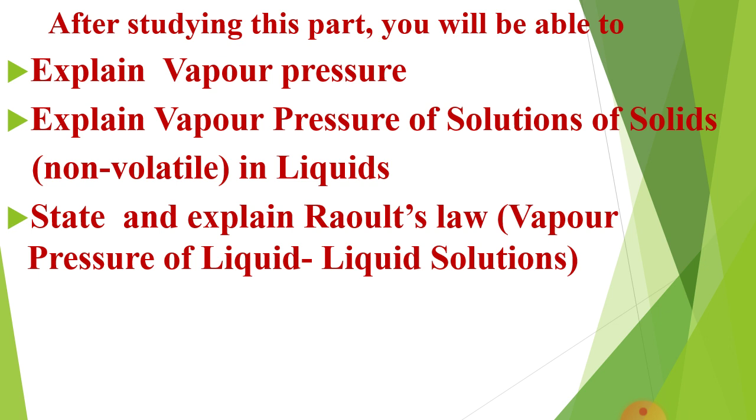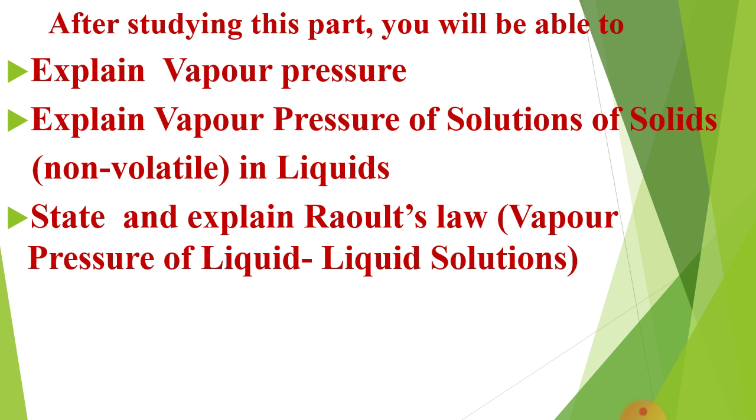Here two terms came so many times in this chapter, that is volatile and non-volatile. So volatile means tendency to form vapor, that is, those substances which want to come in the form of vapor are known as volatile.